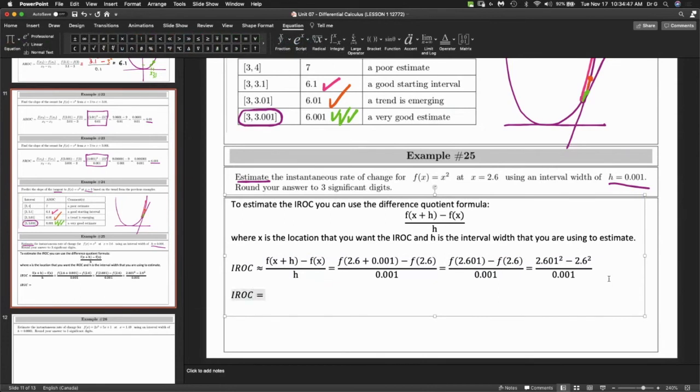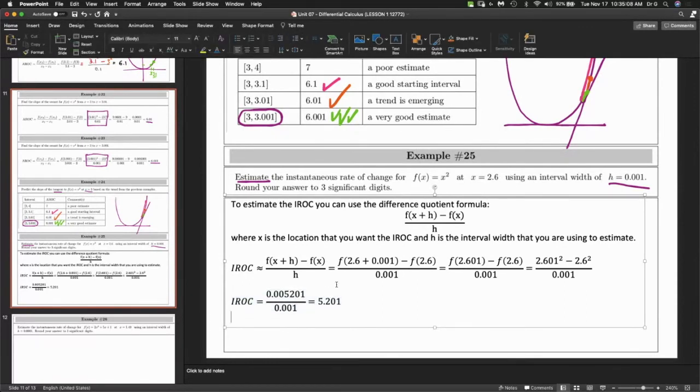So then the instantaneous rate of change is going to equal whatever you get on the top, which I got 0.005201 over 0.001, which is 5.201. So that's the instantaneous rate of change. The instantaneous rate of change is roughly 5.201.